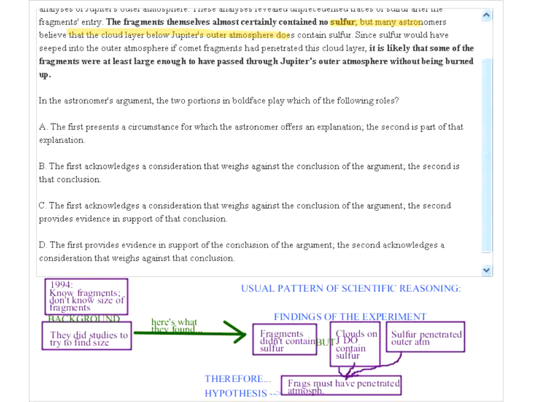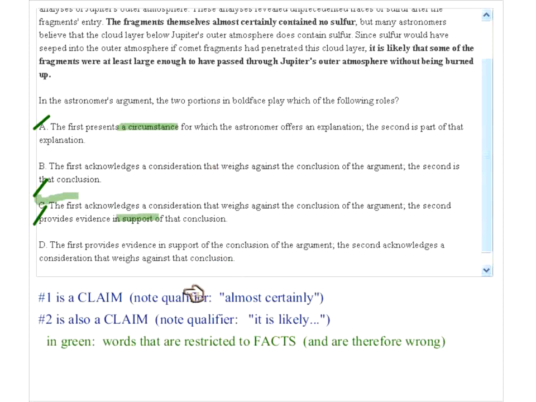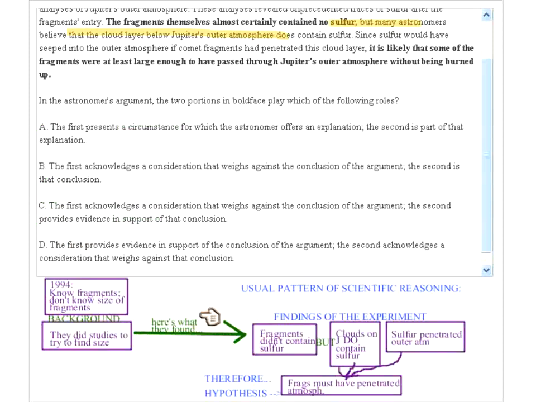So even if you don't really understand what's going on here, believe me, I feel you on that. This is a very hard thing to understand. Probably the optimal way to approach this, again, is to do this, because you can kill these three choices very, very quickly. But if you do want to try to make the flow, it helps to understand that these guys are talking about a scientific experiment.